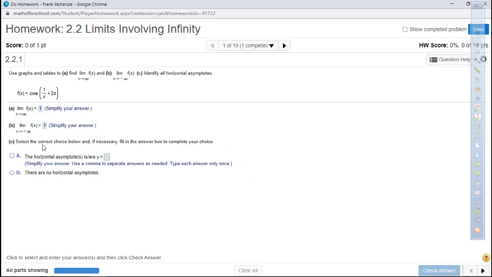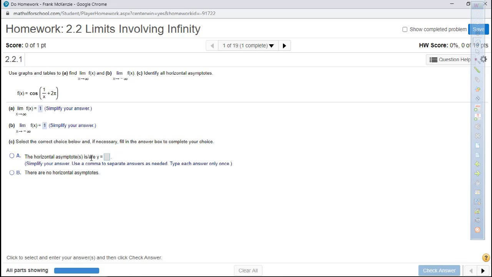All right, and then select the correct choice below, and if necessary, fill in the answer box to complete your choice. Now, remember, a horizontal asymptote is the value that the function approaches as you go way off to infinity for x values or way off to negative infinity for x values.